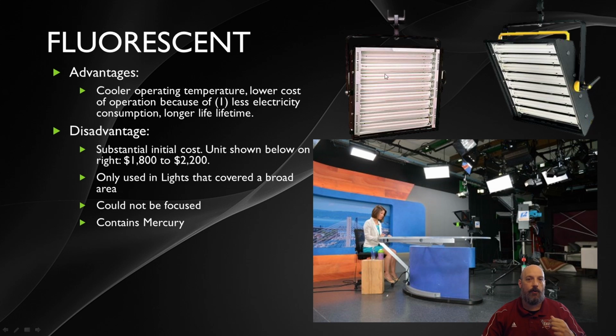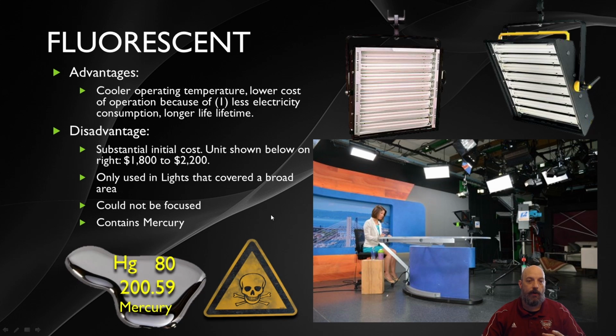Now, in order for a fluorescent bulb to work, part of the gas that's inside of it contains mercury vapor, and mercury is dangerous for humans to take into their body, either through contact with their skin where it can be absorbed, or by breathing in mercury vapor from a fluorescent light that's been broken.